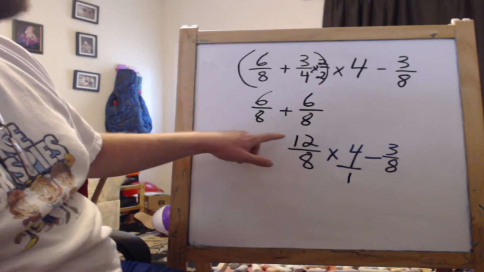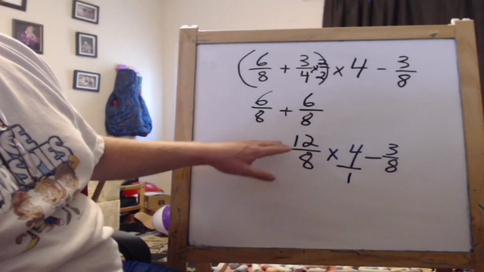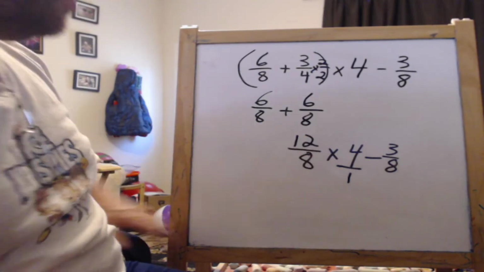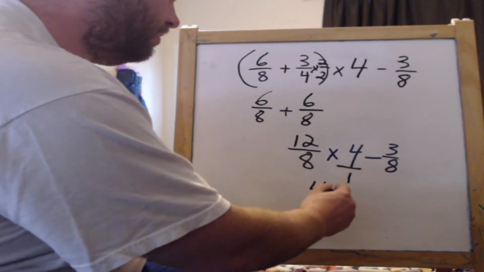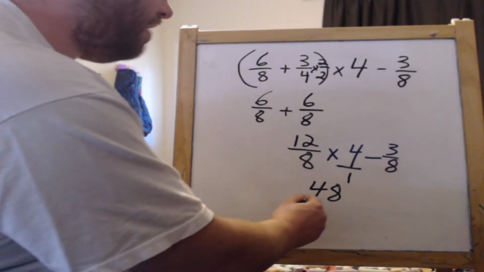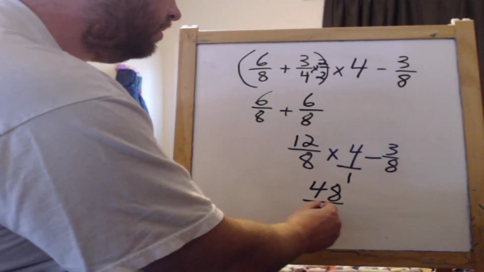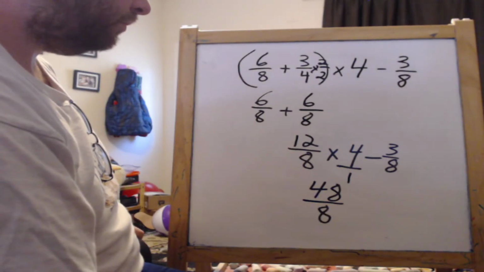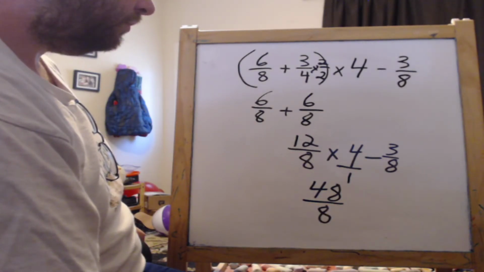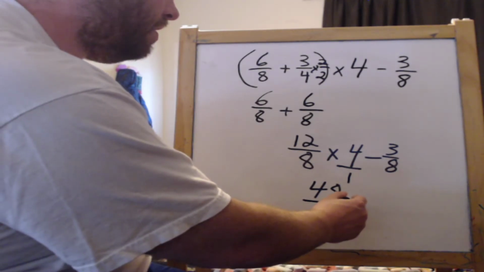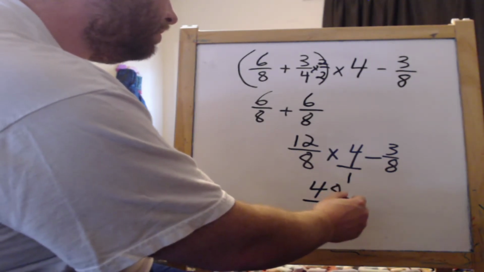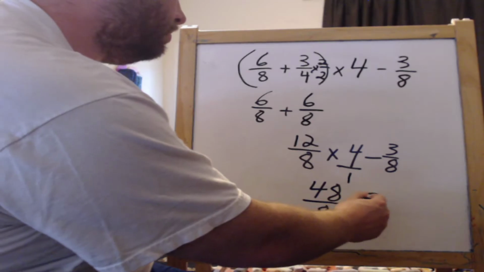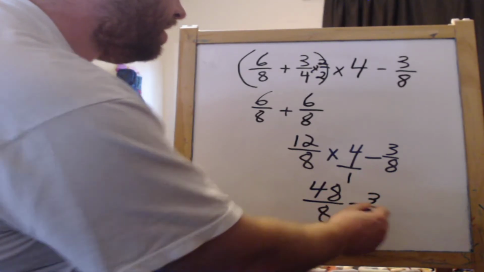So then you just multiply across, right? So these aren't lined up perfectly, but 12 times 4 equals 48. Okay, and then over 8, right? And then minus 3/8.